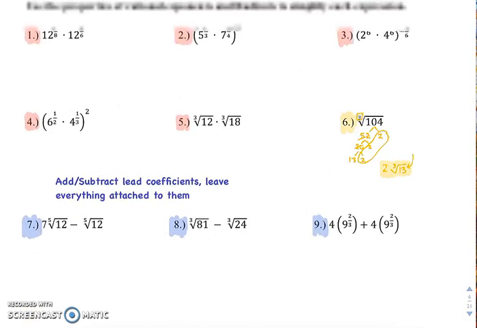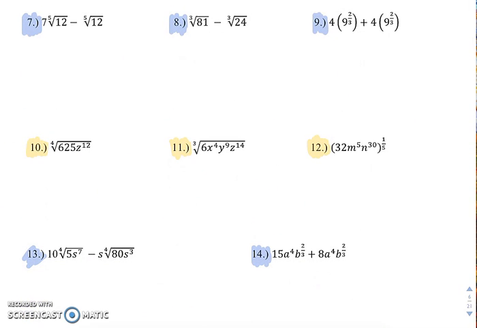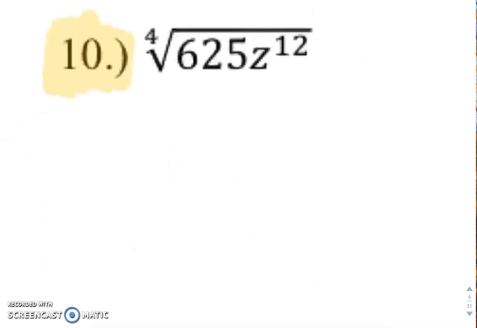So let's look at the ones down here. Number 10, fourth root of 625 times z to the 12th. You always want to check to see if the values you have in that radical are a perfect root.